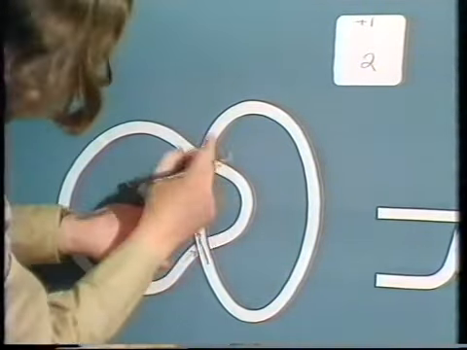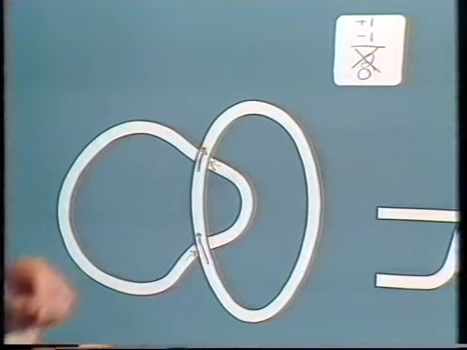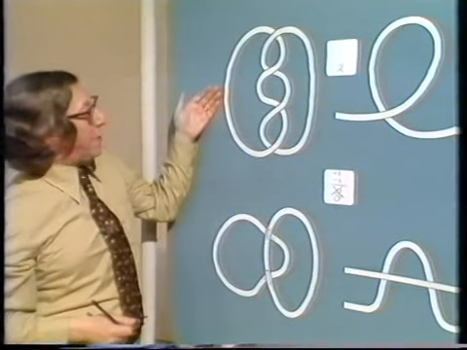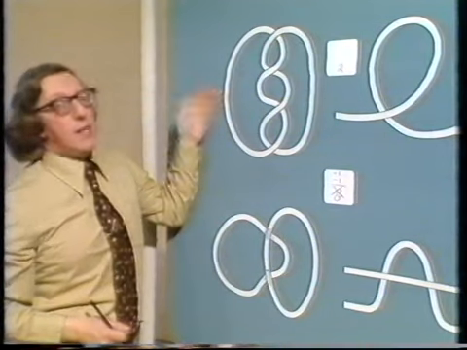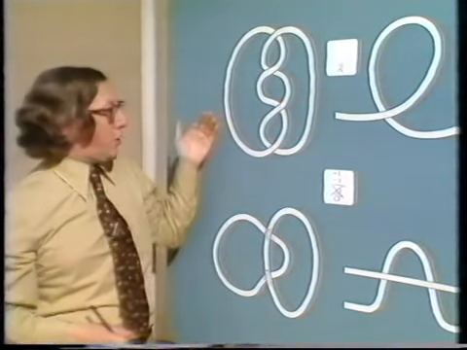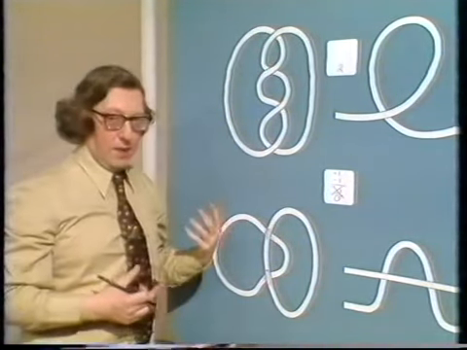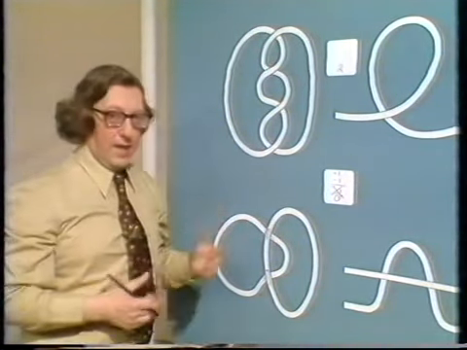And so the total linking number in this case is not 2, but 0. That's a bit better. And if you check the first case, you'll find that, in fact, 2 is correct. Well, what I've got to show is that this linking number is preserved by the Reidemeister moves. Well, let's see.